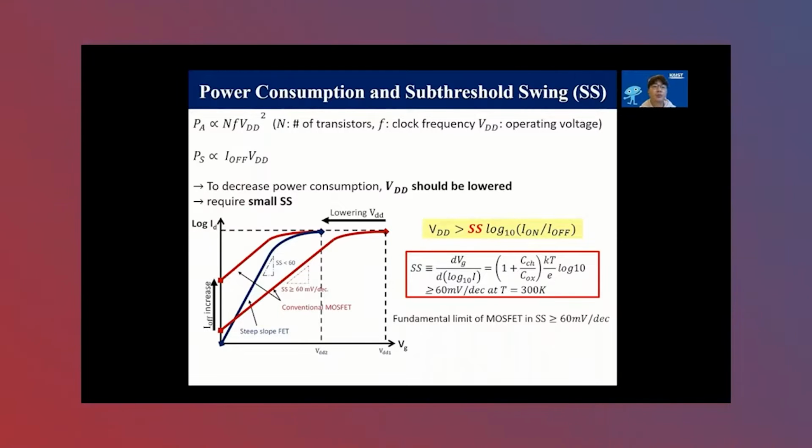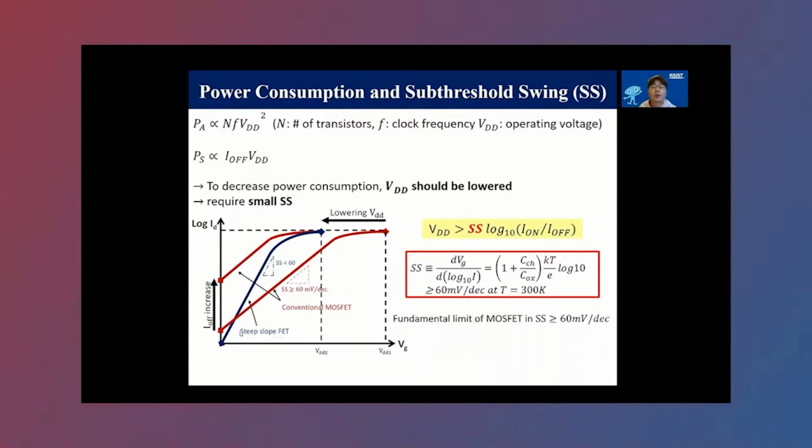So to reduce both active and standby power density, we need to reduce the subthreshold swing, which is the inverse slope of this IV curve. If you look at this blue curve, the inverse slope is much steeper than the red curve, and in that case, you can reduce the off-state current and also the operating voltage.